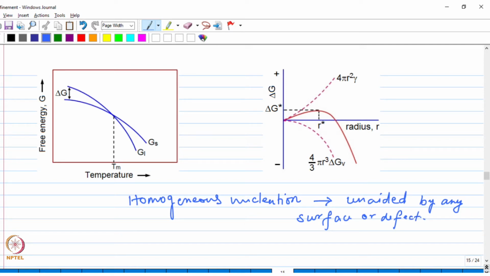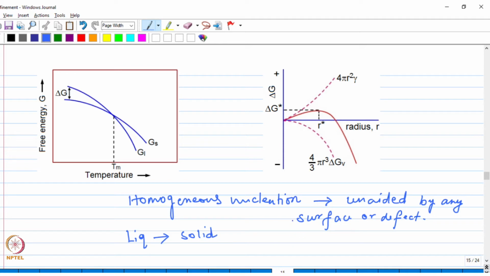So in case of solidification, this is the liquid to solid transformation that we are talking about. So the parent phase is liquid and the product is the solid. Right.